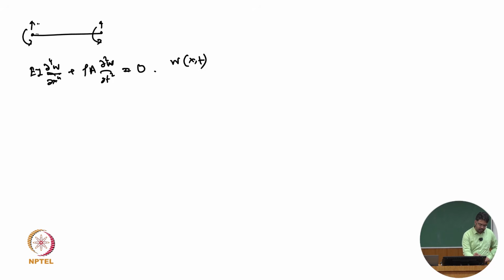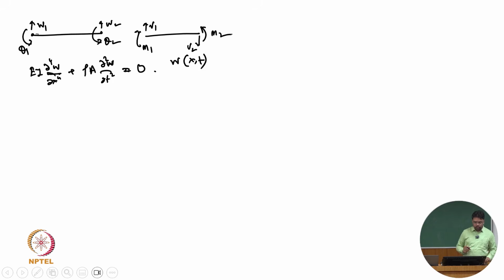It is my displacement W1, theta1, W2, theta2, and correspondingly shear and bending, V1, V2, M1, M2. So you can think there is a change in direction in the M1 and the V2.